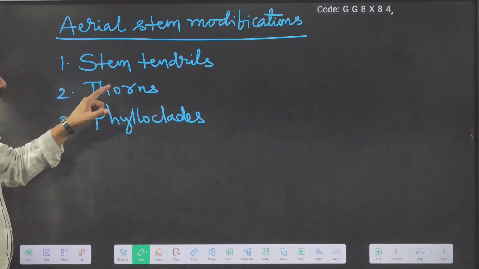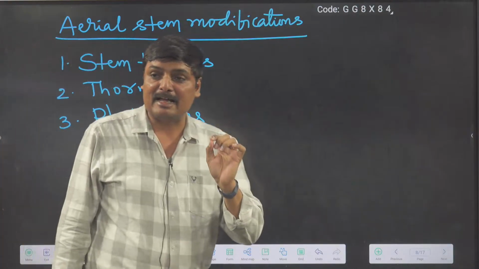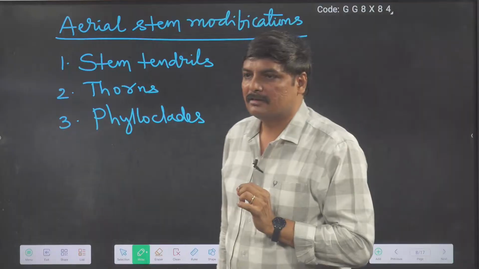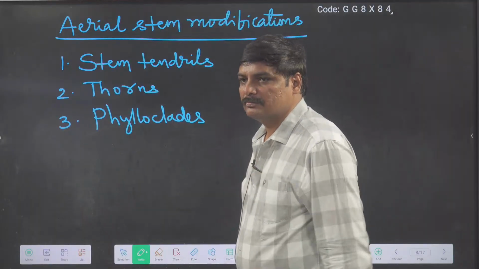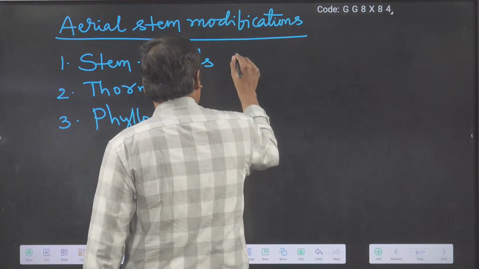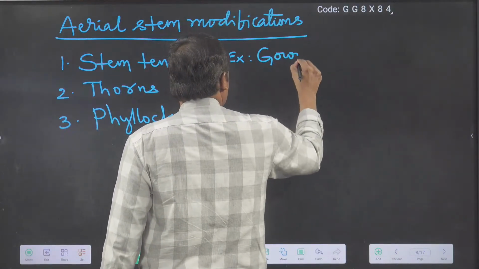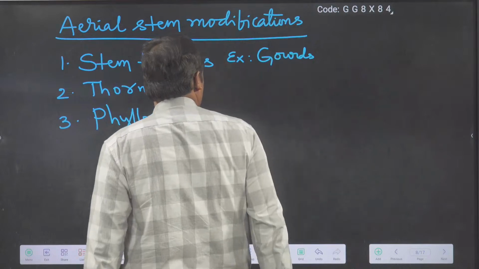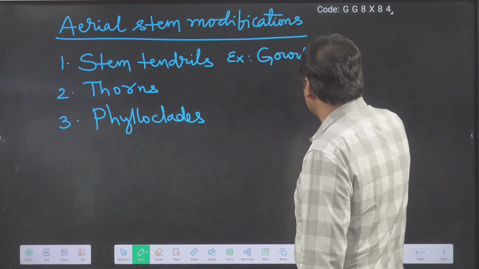Stem tendrils. What are tendrils? Tendrils are slender, weak, coiled structures meant for support. These are commonly seen in gourds, cucumber, watermelon, pumpkin.